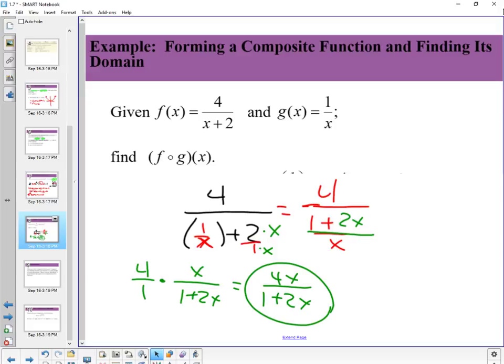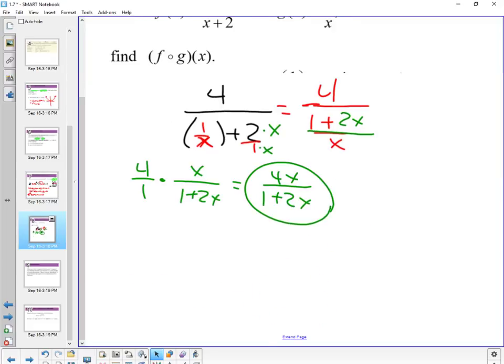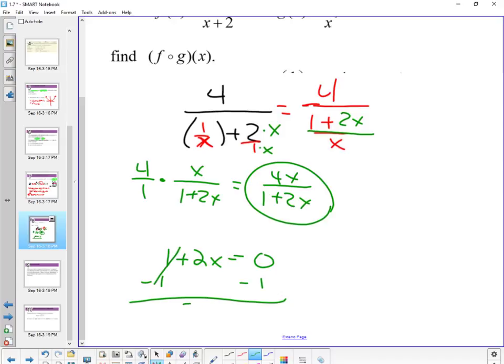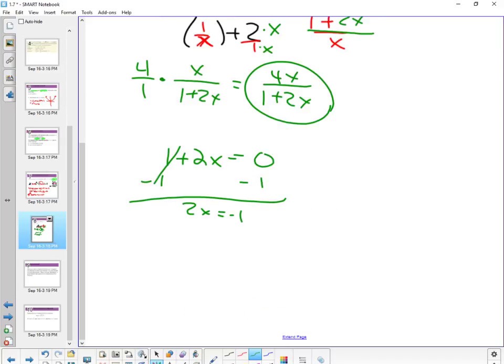So when will 1 plus 2x be 0? When x is negative 1/2, then my denominator would be 0. So I say, hey, x can be any number except for negative 1/2. That is the slide.